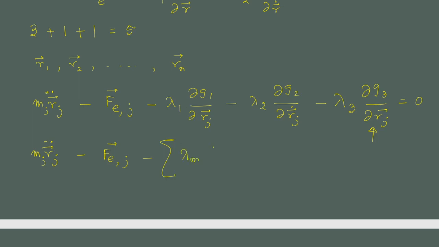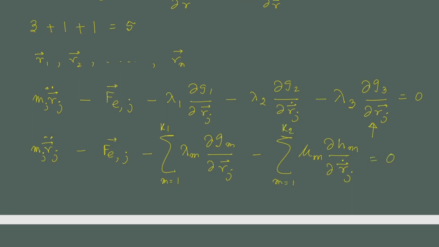So we will have a sum where m is running from 1 to k1, and then in this sum m is running from 1 to k2.